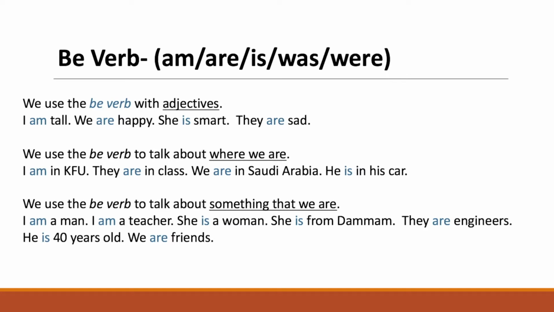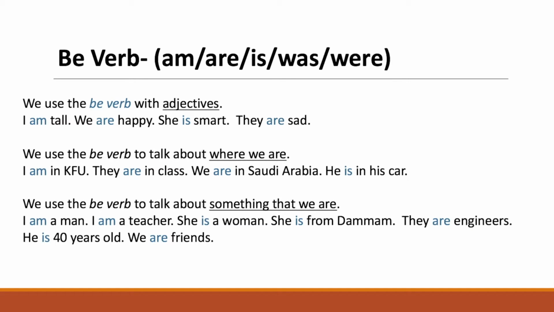We use the be verb to describe things with adjectives. For example, I am tall. We are happy. She is smart. They are sad. In these sentences, tall, happy, smart, and sad are all adjectives describing the subjects.